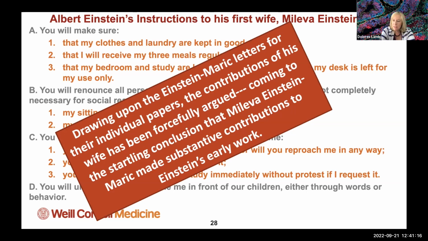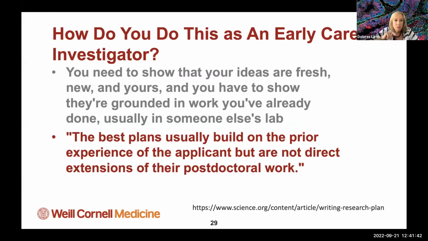And she did not get any credit for the work that she had done and the substantial contributions to his early work. So even though he was a clever guy with lots of innovation and creativity, he was lacking in some of these other skills on the home side, which I thought was just amazing and real learning experiences. Very interesting things that you can read about this on the web, and there's books on this as well.